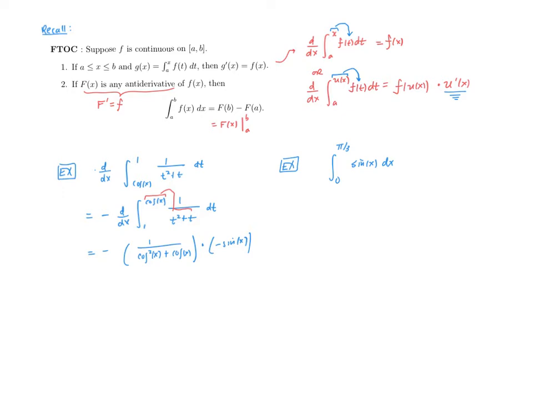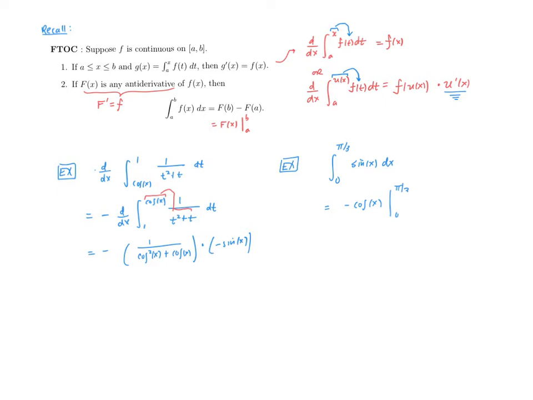Our second example to get us going involves evaluating a definite integral. As long as we can recall an antiderivative of sine, we are good to go. So can you think of a function whose derivative is sine? An antiderivative of sine is minus cosine x.